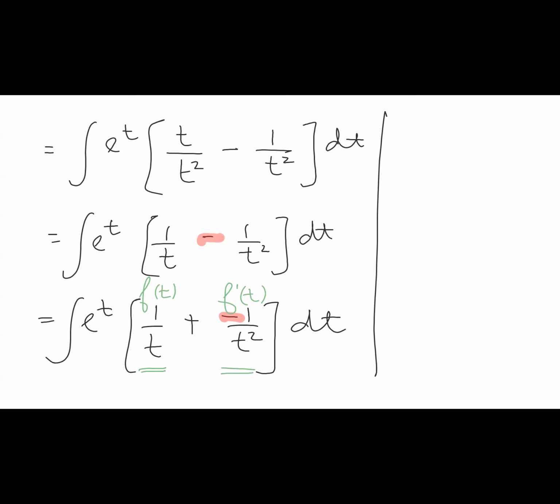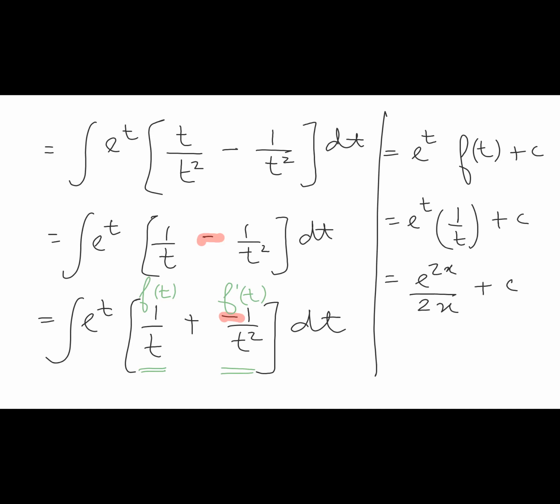So the integration of e raised to t (f of t plus f dash t) is nothing but e raised to t f of t plus c. F of t is 1 upon t, plus c. Now replace the value of t. T is 2x. So e raised to 2x upon 2x plus c.